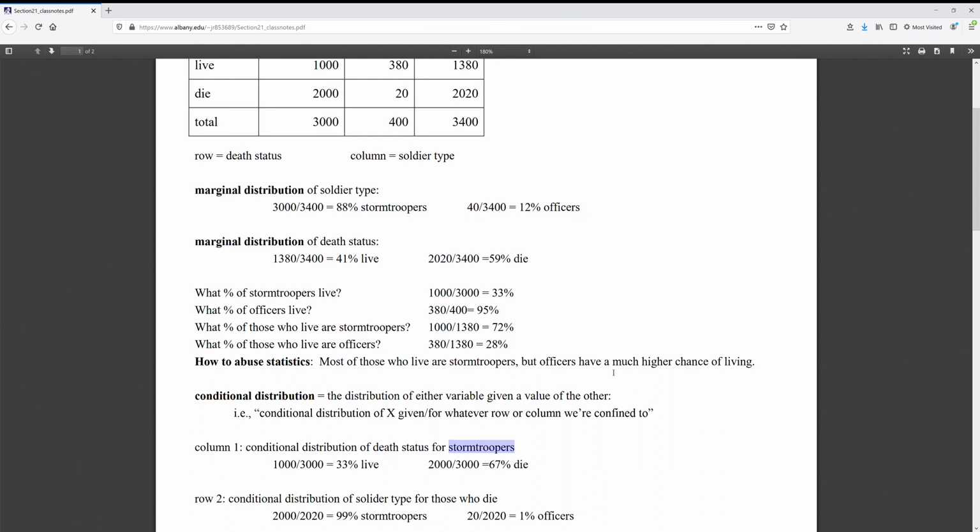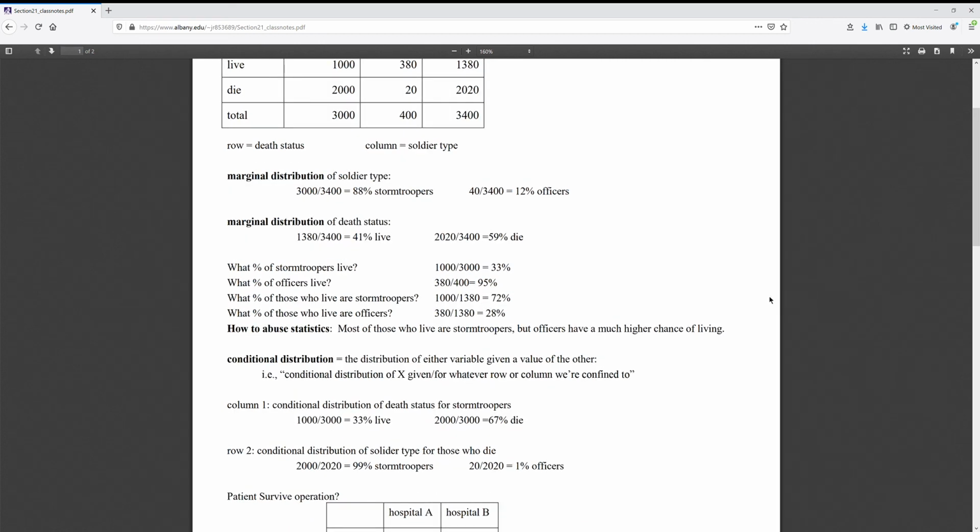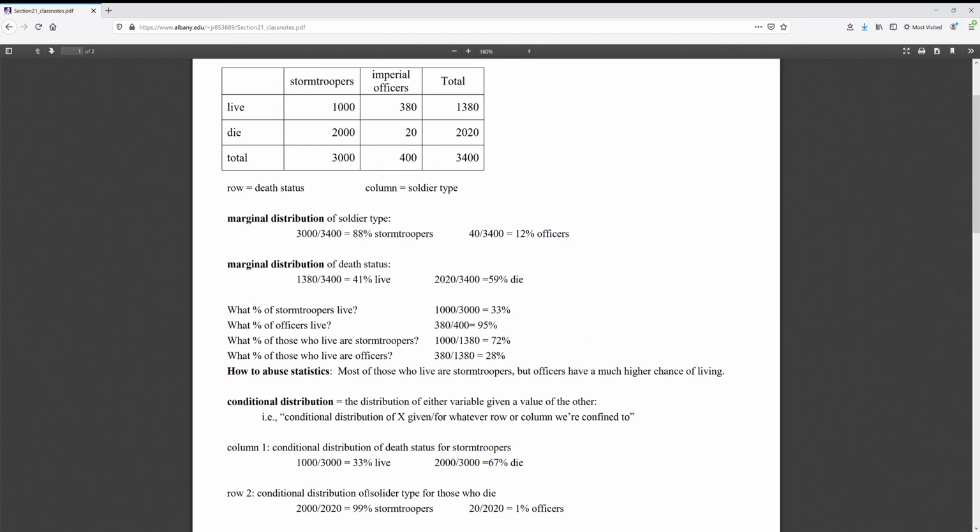Let's look at row 2. So if we look at row 2, then we're talking about our universe is those who die, and what's in question is what type of soldier you are. So row 2 gives us the conditional distribution of soldier type for those who die.